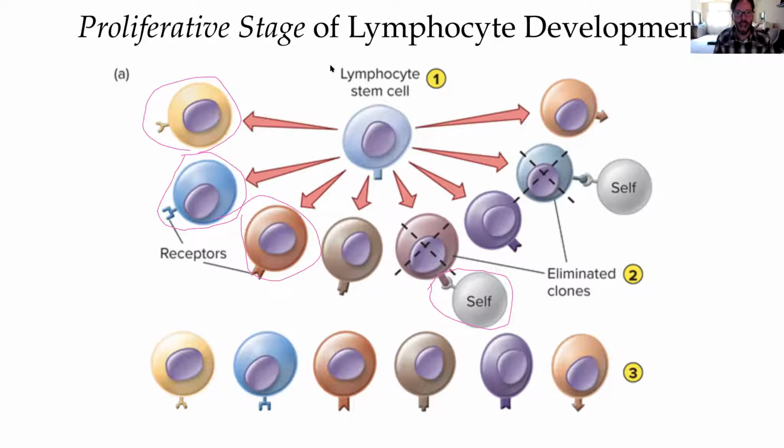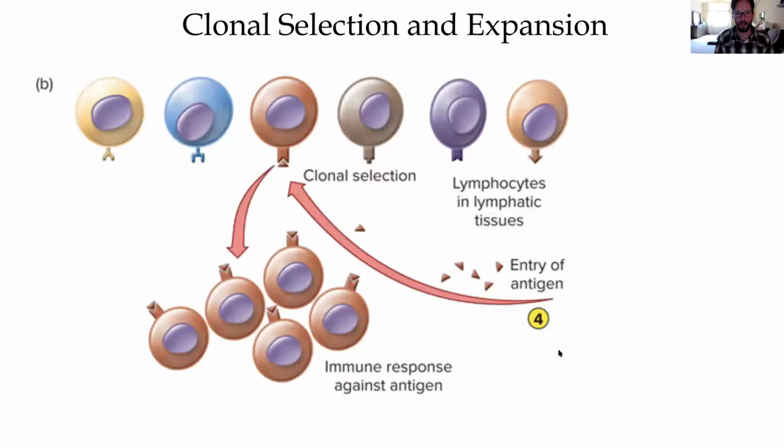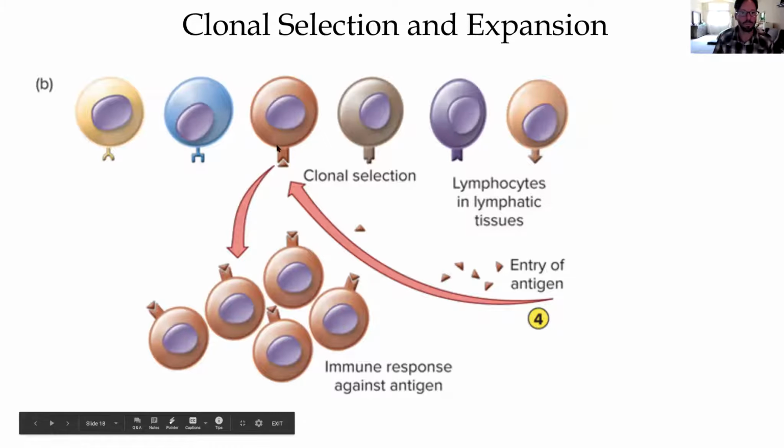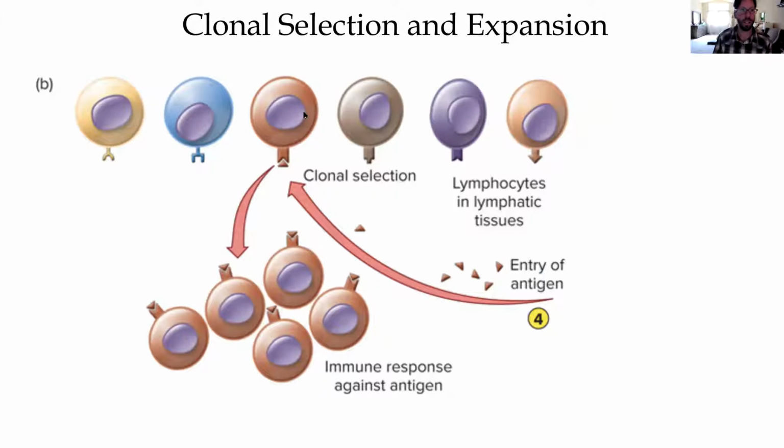And then once they do that, they hang out. And then you have all these different varieties. And let's say you now get the reintroduction of that antigen that led to the creation of that lymphocyte. Now it says, okay, red lymphocyte, you're in.